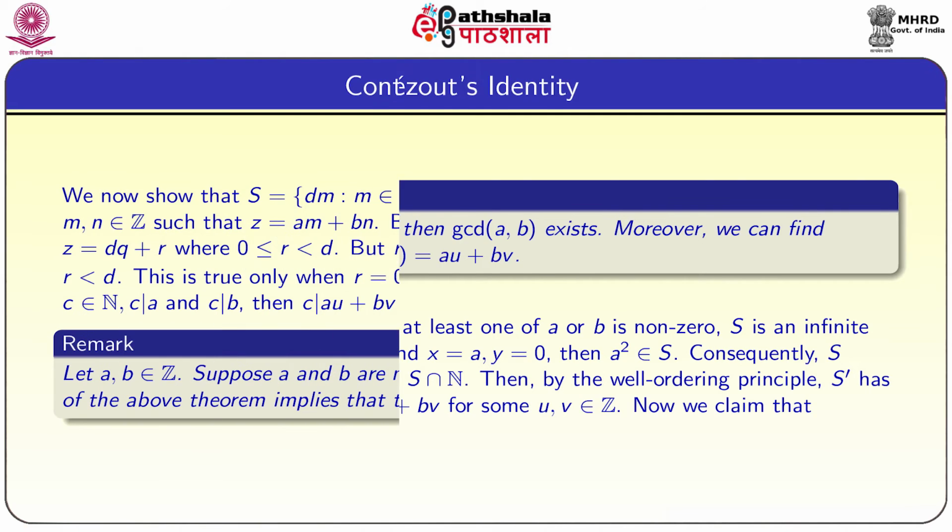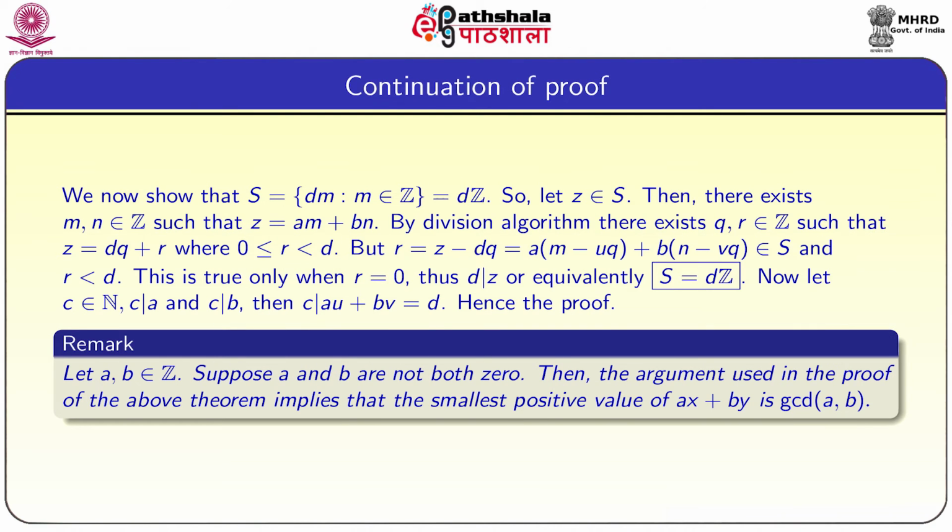So, how to prove that? In fact, we will show more: that S is all multiples of D, that is, S equals {Dm : m belongs to Z}, which is dZ. So we are proving more than required.